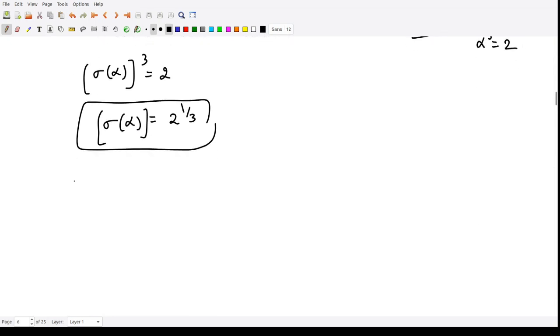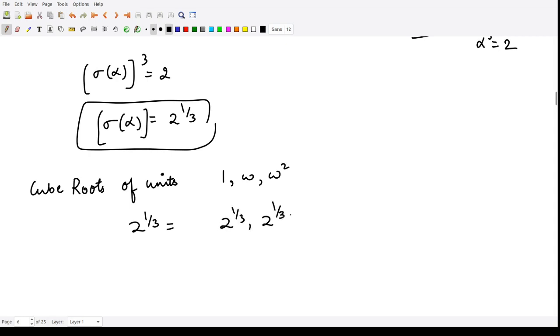So what are the cube roots of unity? They are 1, omega and omega square. So that means the cube roots of 2 are 2 to the power 1 by 3, 2 to the power 1 by 3 into omega, and 2 to the power 1 by 3 into omega square, and moreover this omega cube is equal to 1.